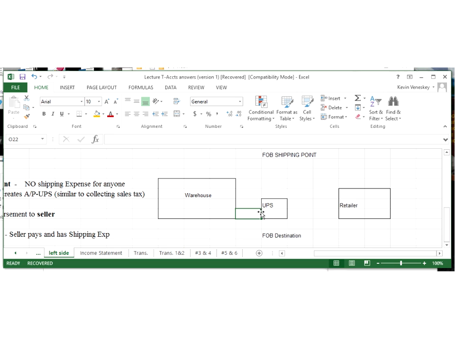The point to where it gets shipped is right here when it gets to UPS's dock. This amount was free to me as the customer. However, I actually pay the shipping expense to take it from UPS all the way to my house. Whatever UPS charges, that's on me.